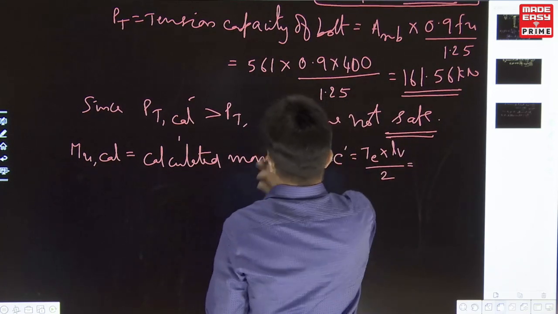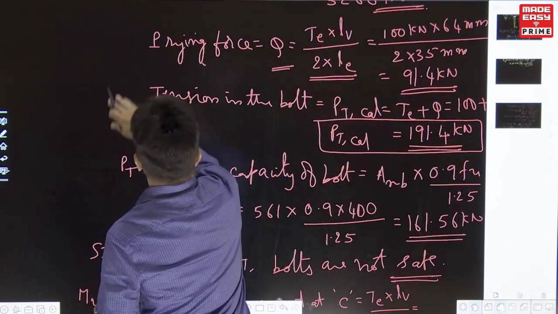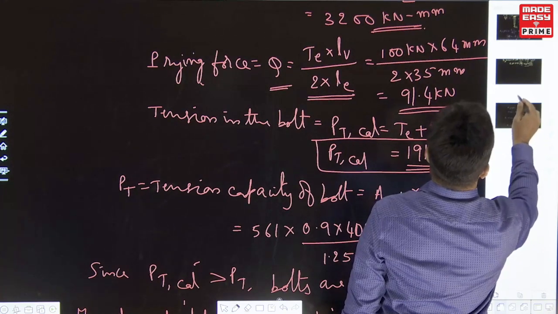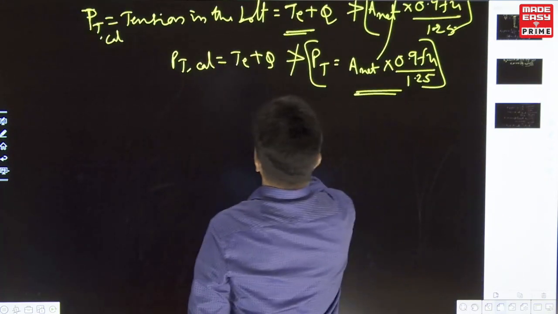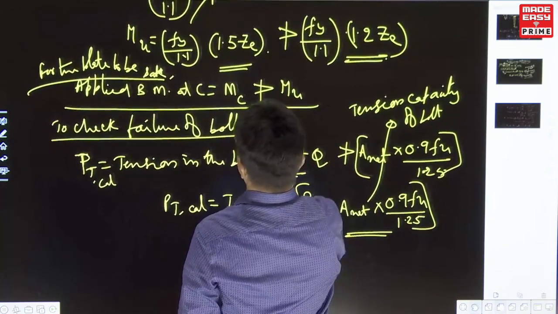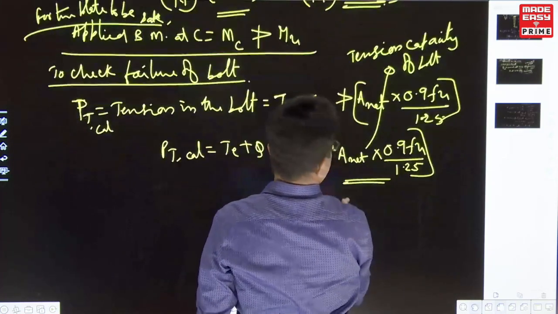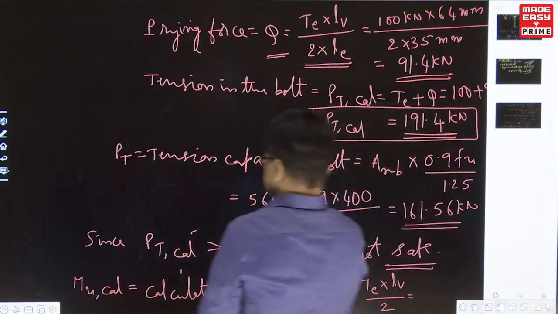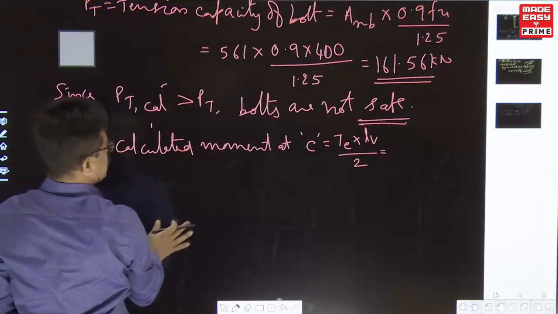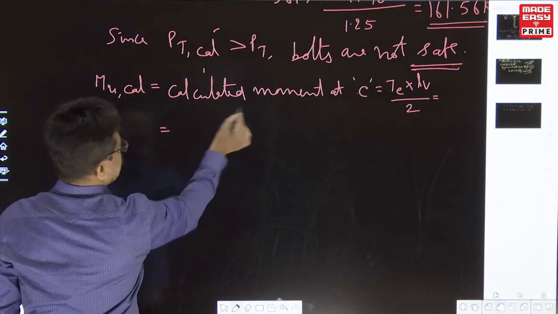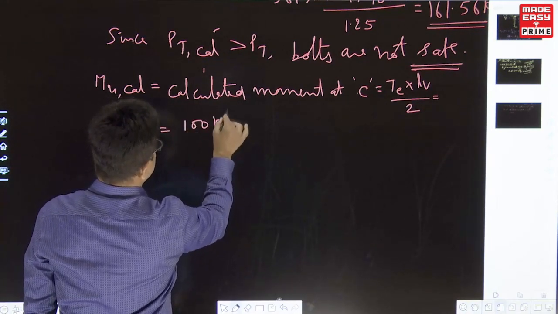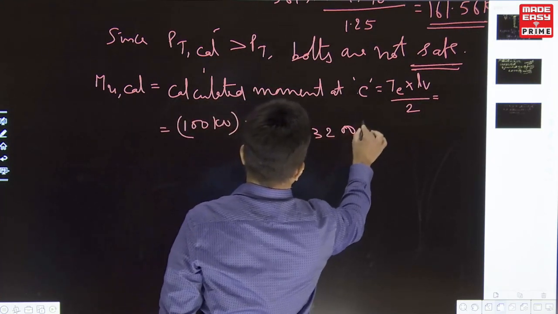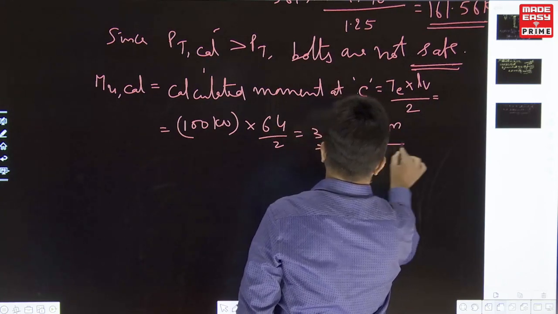We have already calculated this value; we have simply written the equation, that's all. So we will calculate the moment at C. Calculated moment: TE we know is 100 kilonewton, LV is 60, so we get 3200 kilonewton meter.